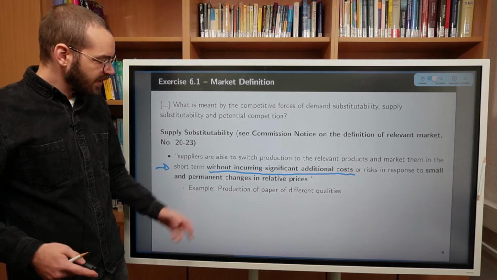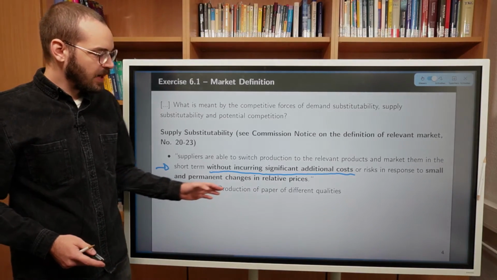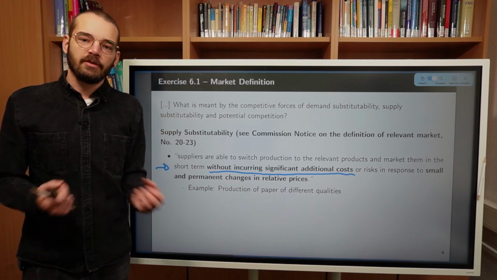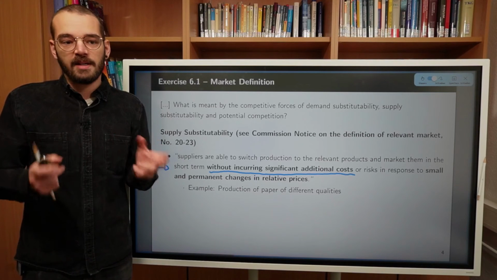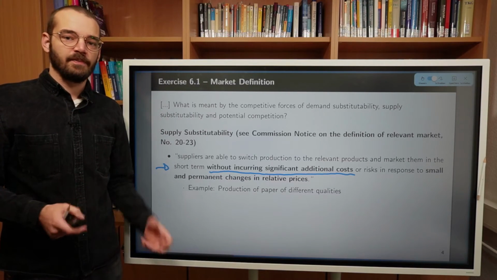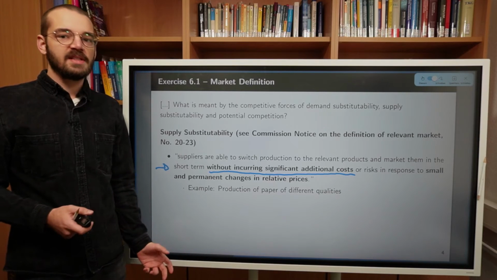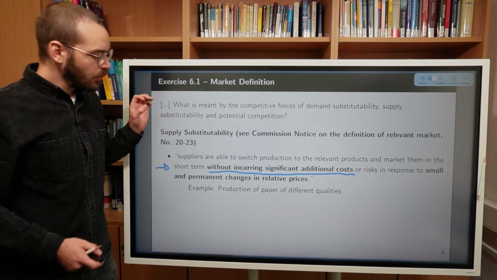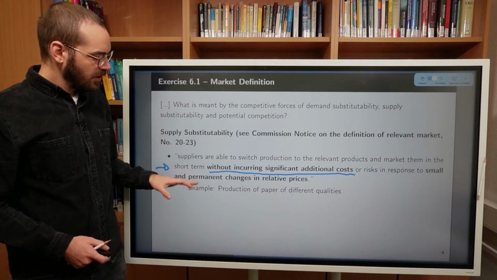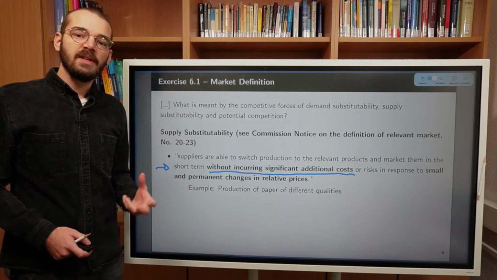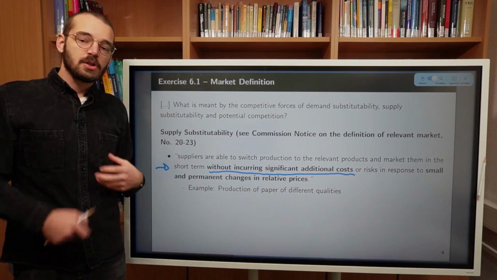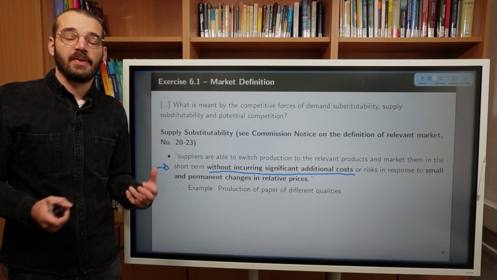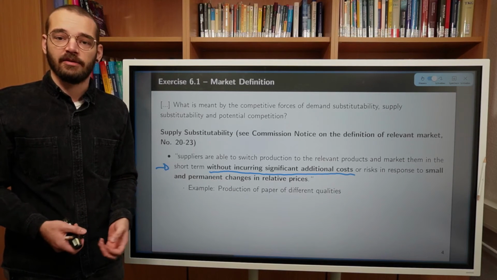All right, so one example would be the production of paper in different qualities. So if there is a firm that produces a certain quality of paper, maybe a certain thickness or weight per square meter of paper, and now for some reason they see a price drop in this market, then supply substitutability would answer the question on how difficult it would be for this firm to switch products, maybe produce a related product that is not affected by the price changes in the market they were active in until now.